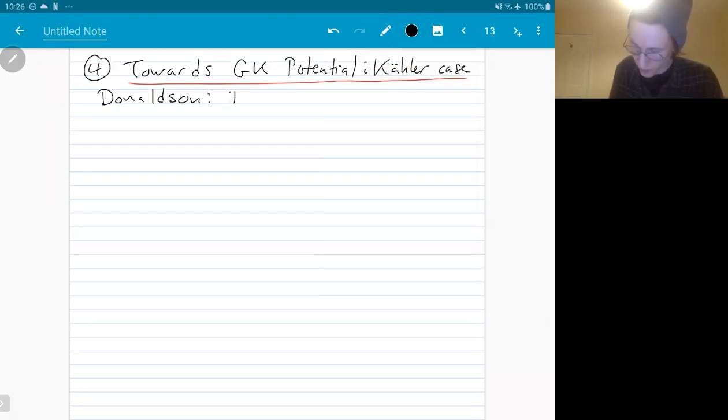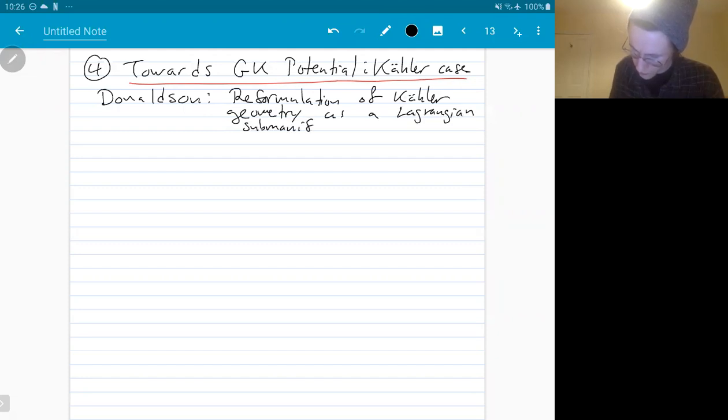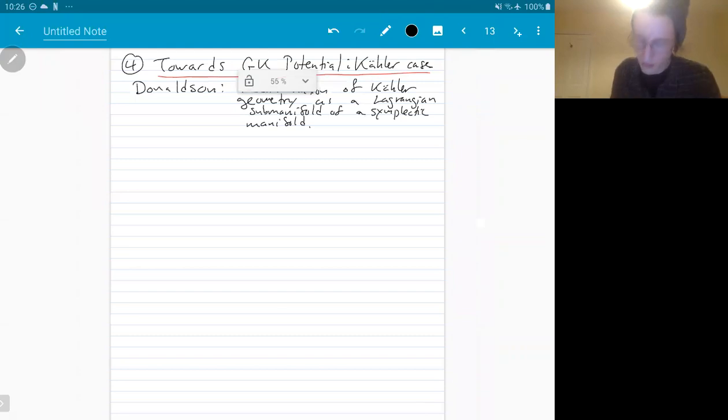So he gave a reformulation of Kähler geometry as a Lagrangian submanifold of a symplectic manifold. So I'm just going to describe this, and that will be the preview for next time.